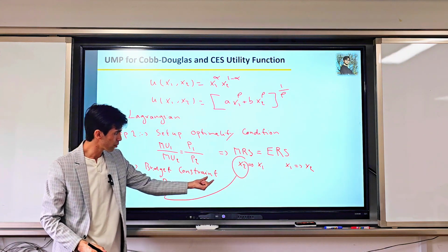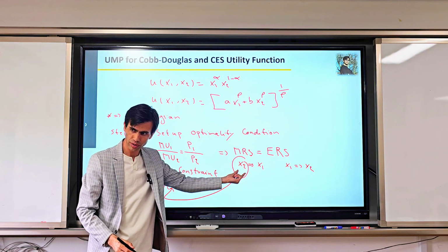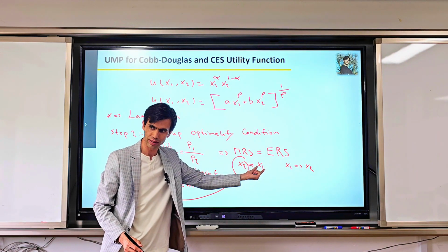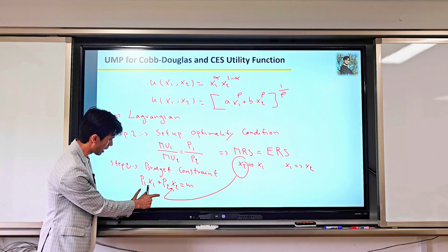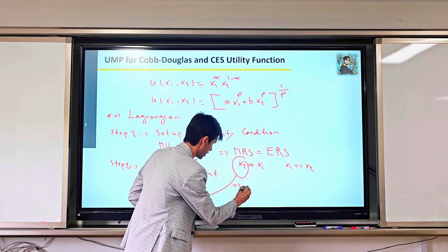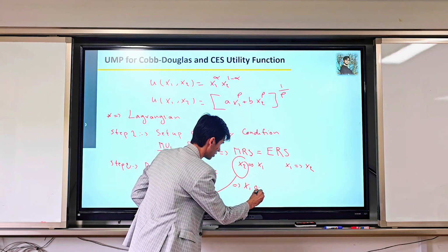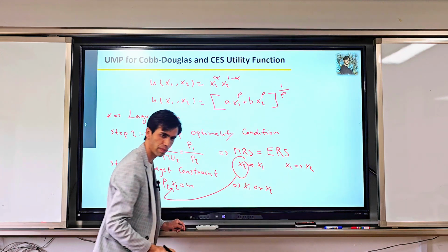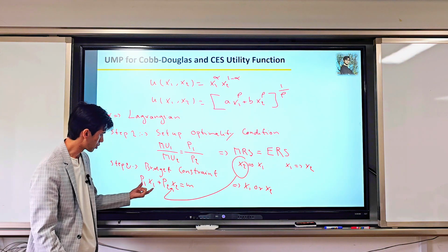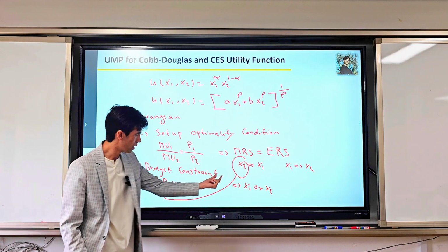For example, instead of x2, we can write x2 here as some function of x1. Then in this budget constraint, we will only have either x1 or x2.